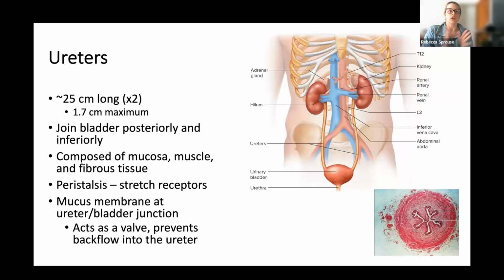But ureters. Okay, so they're about 25 centimeters long. They fill the bladder from the posterior and inferior up. So the bladder actually fills from the bottom up. They are composed of some layers, smooth muscle, because they undergo peristalsis.